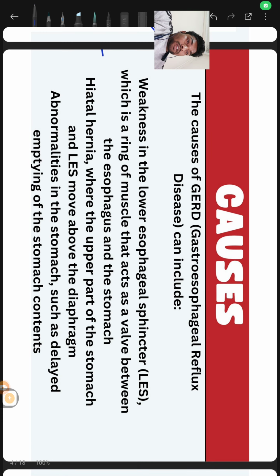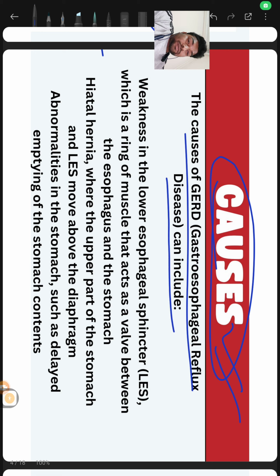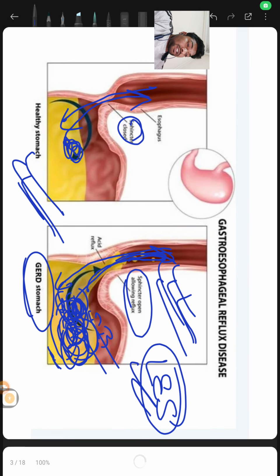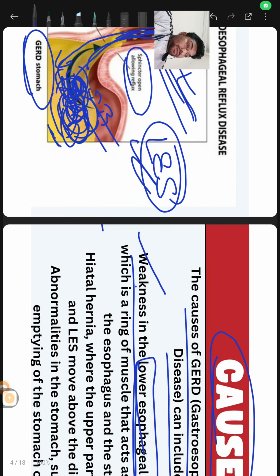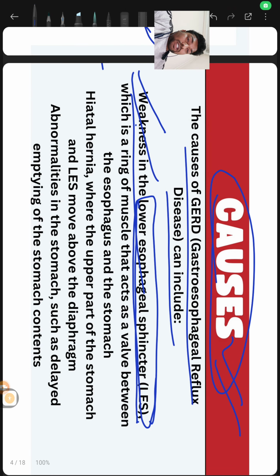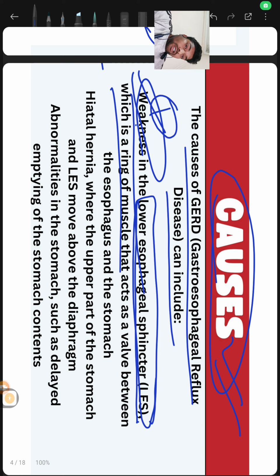Now we talk about its causes, what are the causes that lead to this problem. The very first cause is weakness of the lower esophageal sphincter, that is LES, which is the ring of muscle between the esophagus and stomach.